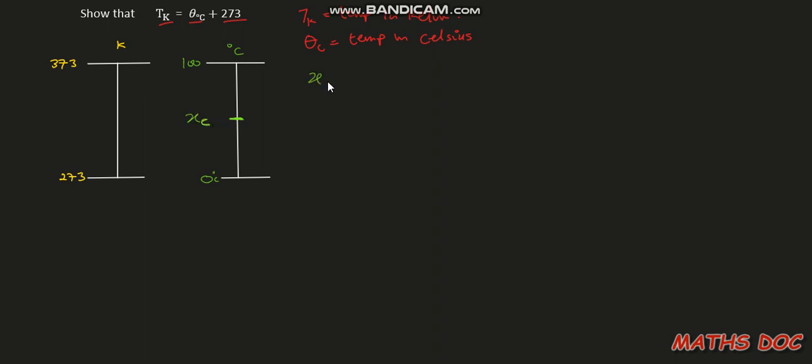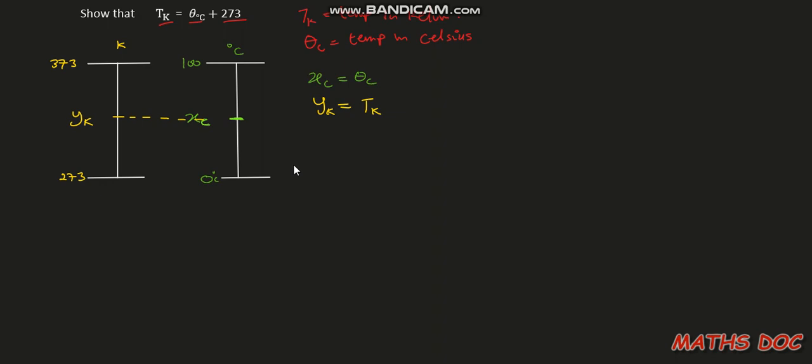So X degrees Celsius is equivalent to my theta C. Then we are looking for the same value on this scale, which we can say is YK. Now YK is equal to theta K.